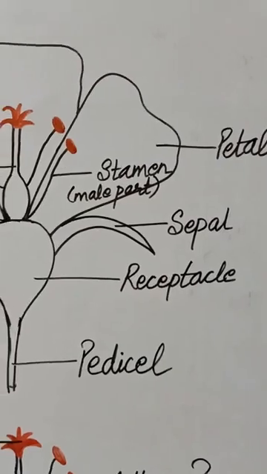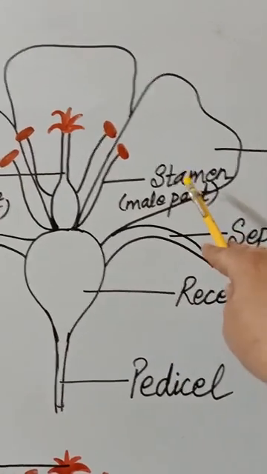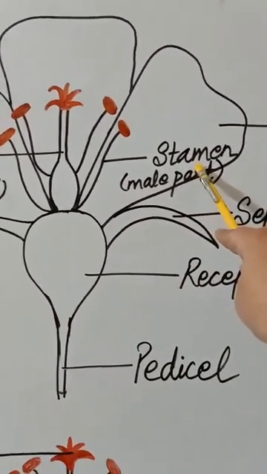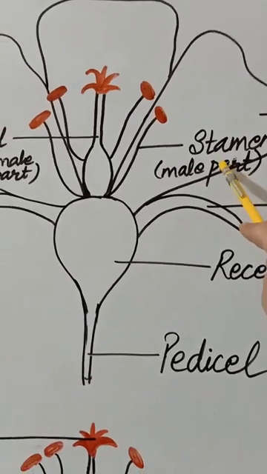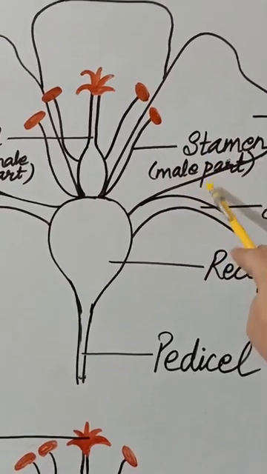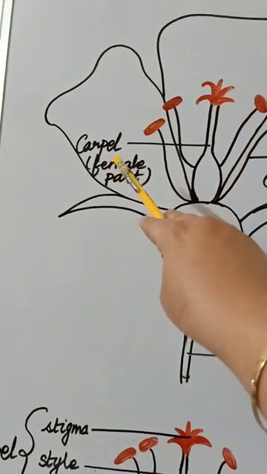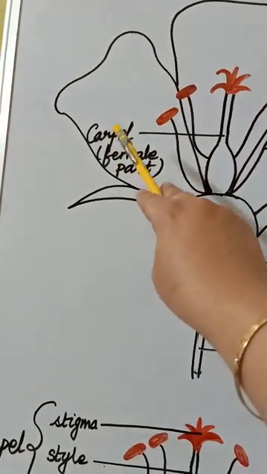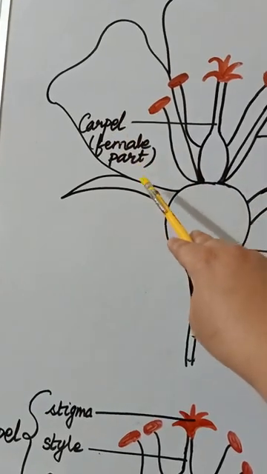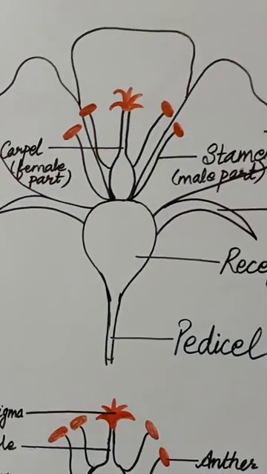Petal is the most beautiful, colorful part of the plant, which is responsible for attracting insects. Then the next part is stamen, the male part of the flower. And then the next part is the carpel, which is the female part of the flower.